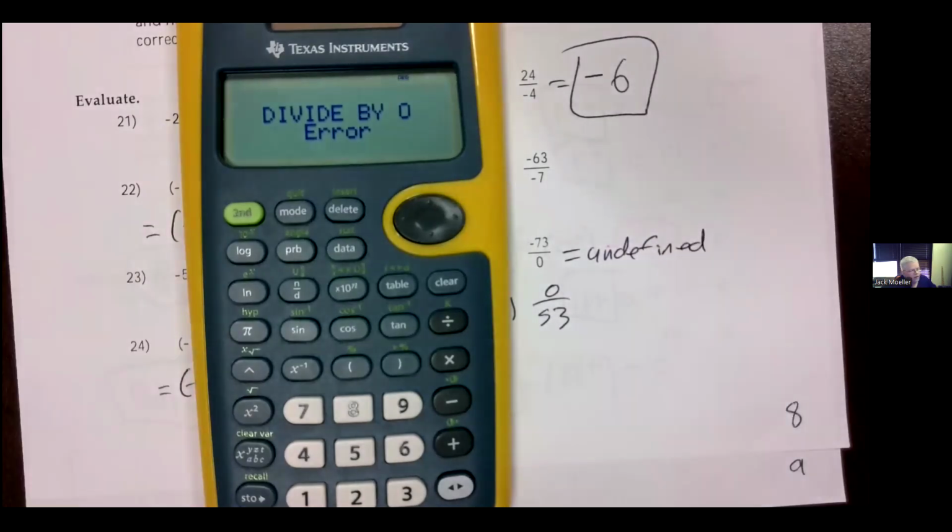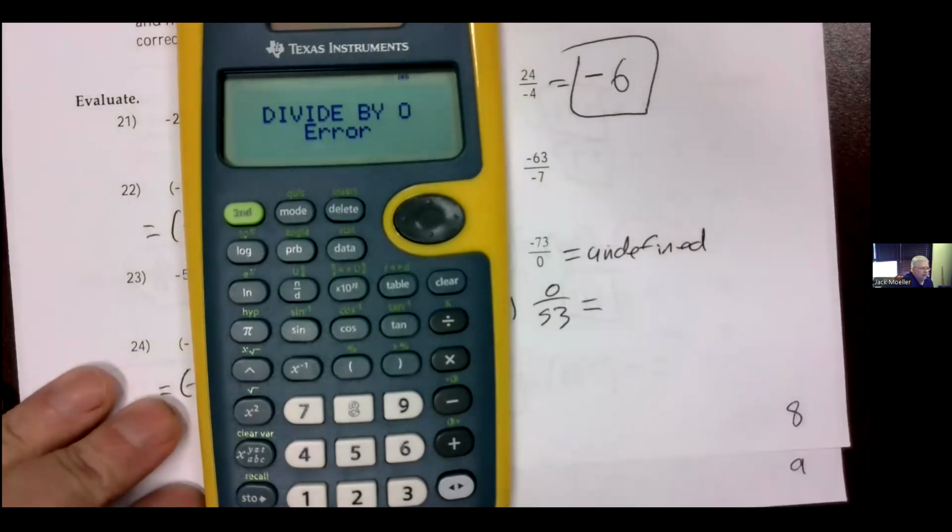We're going to say that's undefined. Basically, if you're dividing something by 2, that means you're trying to break it up into 2 groups or groups of size 2. But if you're dividing by 0, you're trying to break something up into groups of size 0, and that doesn't even make physical sense. So you cannot divide by 0.